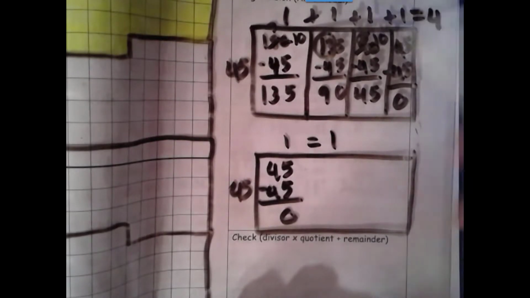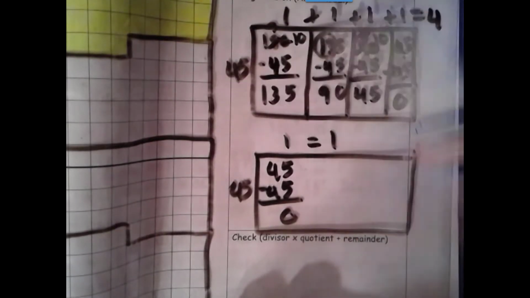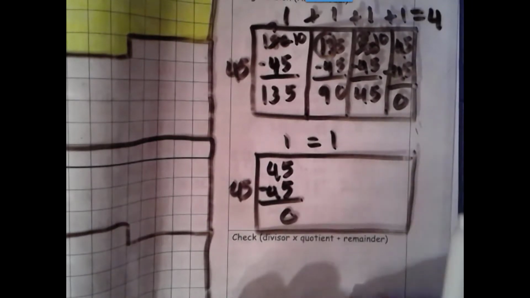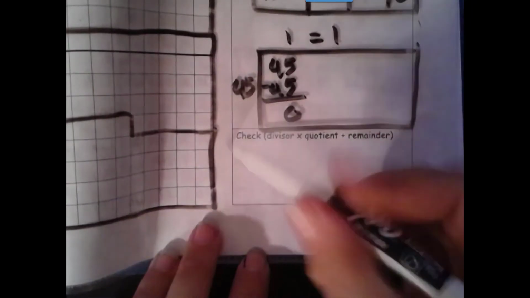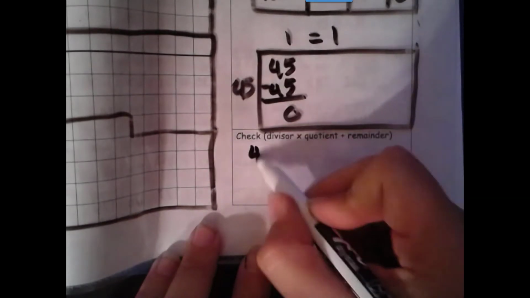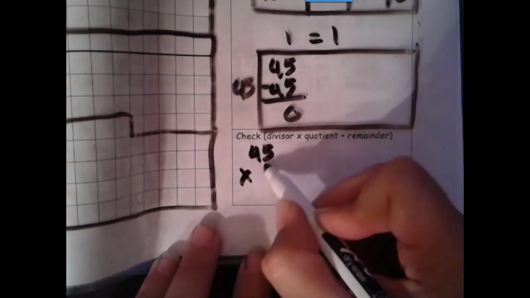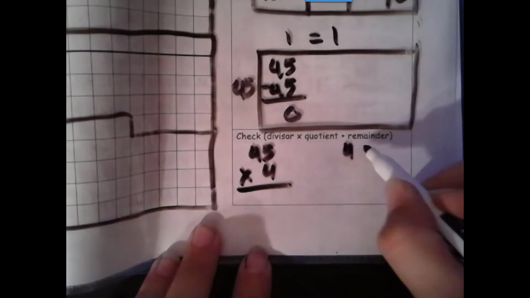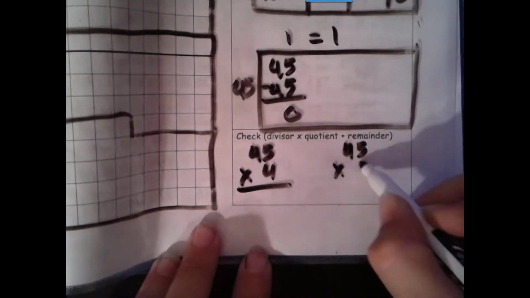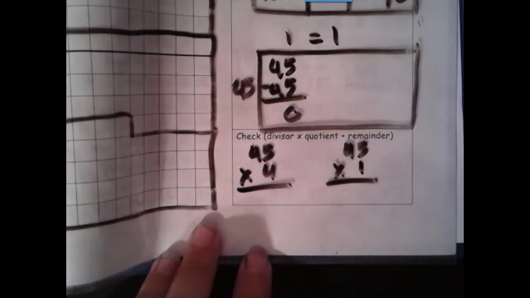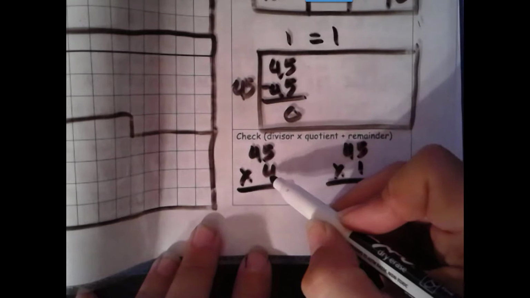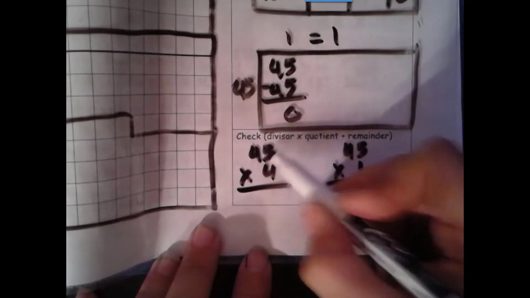Let's go ahead and check with our inverse operation. Divisor times quotient plus remainder. So we have 45 times 4. Since our remainder for both is 0, and the identity property of addition says when you add 0 it stays the same, we don't actually need to add 0. 4 groups of 5 is 20.